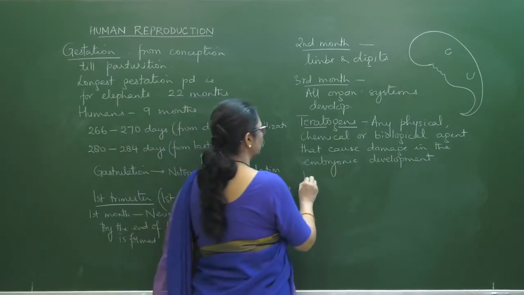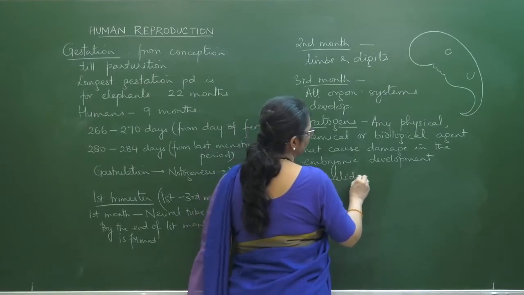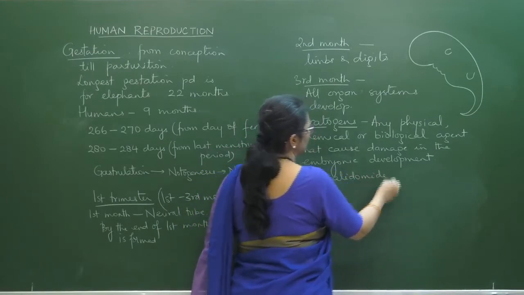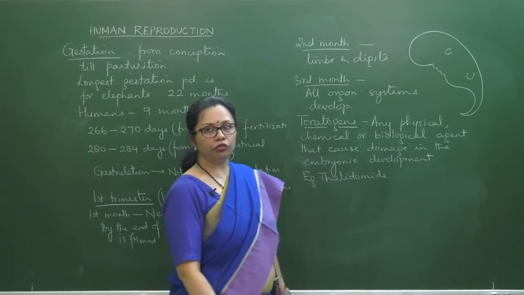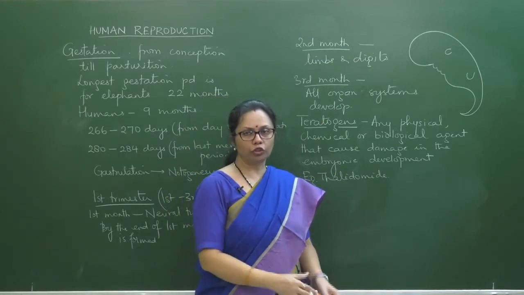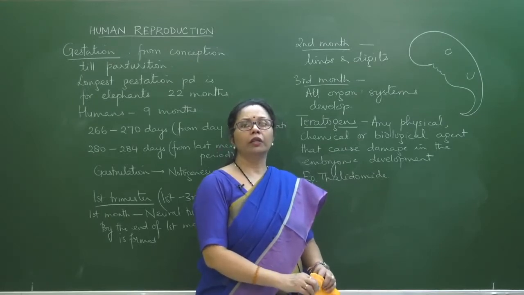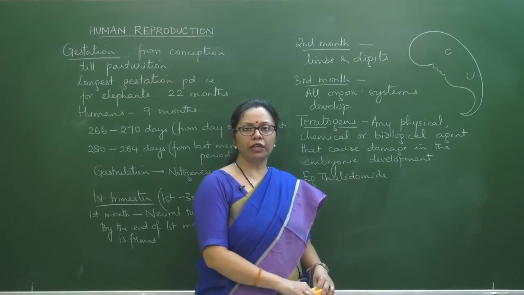And one special example we have here, which has appeared in questions a number of times, is thalidomide. Thalidomide was a drug which was given to females who had a problem of morning sickness, because during pregnancy people have this problem that in the morning they feel nauseous, a vomiting feeling.